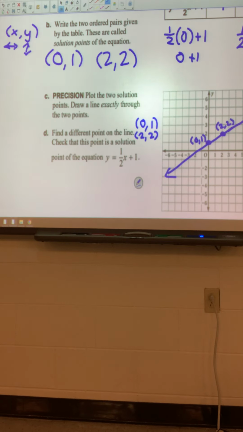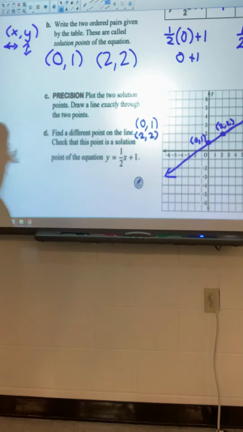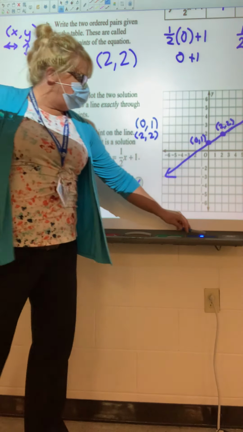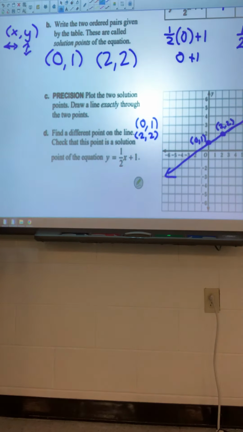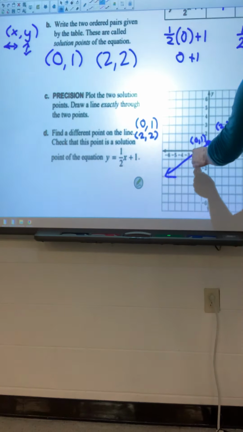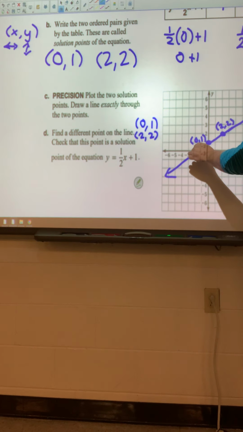So this line is made up of a bunch of solutions. That's what the line is. And then it says, okay, find a different point on the line. Let's see, I can't tell exactly, but that kind of looks like it's on there.